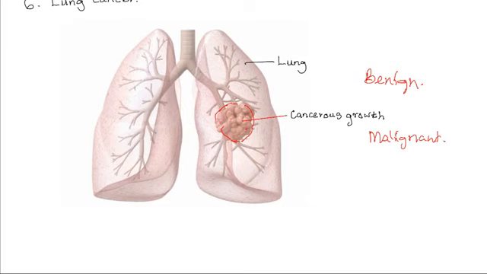Apart from cigarette smoke, there are also other substances such as asbestos dust, radiation such as X-ray, gamma rays, radioactive substances such as uranium, and certain gases such as mustard gas that can also trigger uncontrollable growth of the lung cells, resulting in lung cancer.